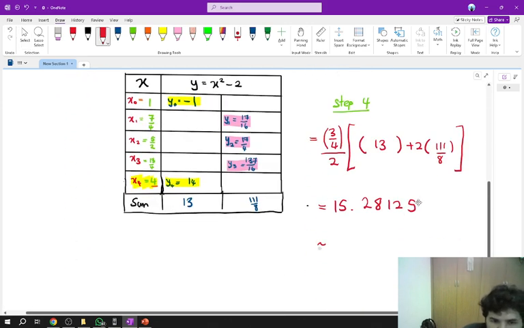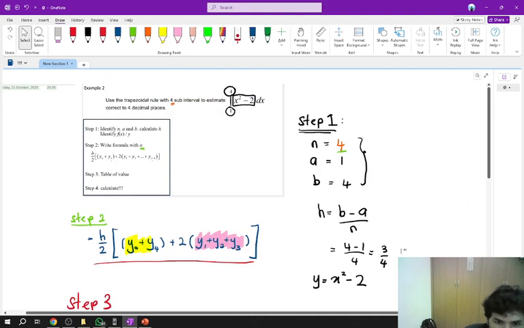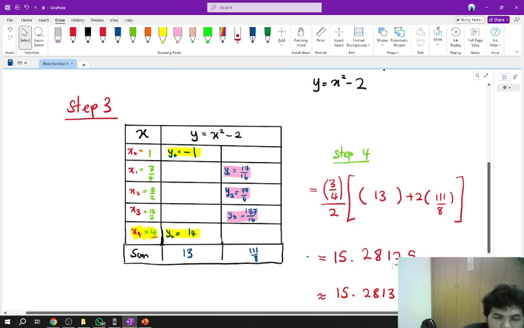So we round off to 15.2813 as our final answer. Alright? Okay, so we have done the example of the trapezoidal rule for n equal to 4.